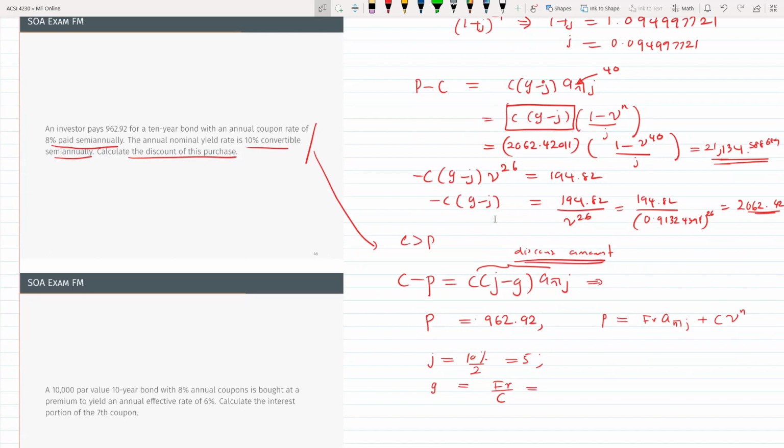I think without the redemption amount, this problem may not be easily solvable.